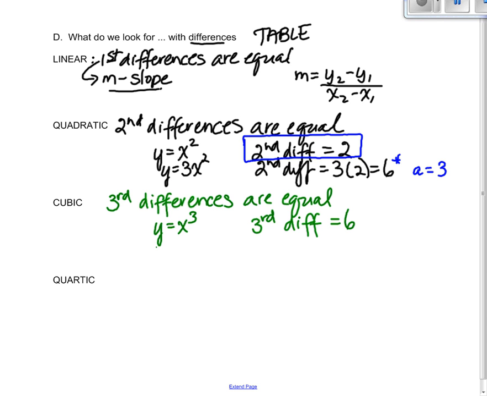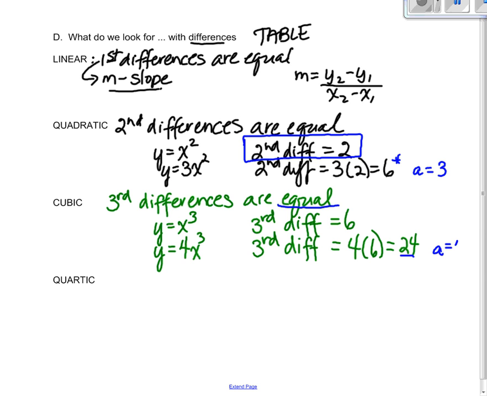So if we alter and have a leading coefficient something other than 1, let's go with 4x cubed, then our third differences will be 4 times 6, or 24. So working backwards, if we find that our third differences are equal, and they're equal to 24, then we could tell that our leading coefficient is 4.